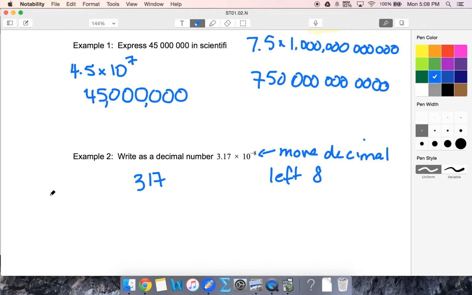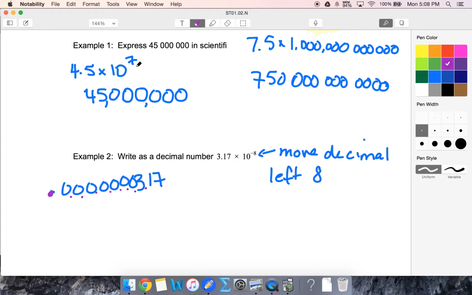So that means 1, 2, 3, 4, 5, 6, 7 zeros, and then the 317, because I would have moved it effectively 8 places. It started here, so 1, 2, 3, 4, 5, 6, 7, 8 places over to its final spot.